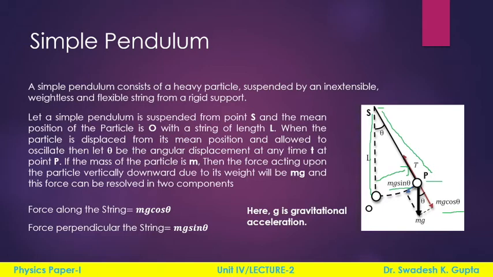So mg cos theta will be opposite to the tension T in the string, and mg sin theta will try to oppose the movement of the particle and try to move it back to its original position. So the forces along the string and perpendicular to the string are given here.